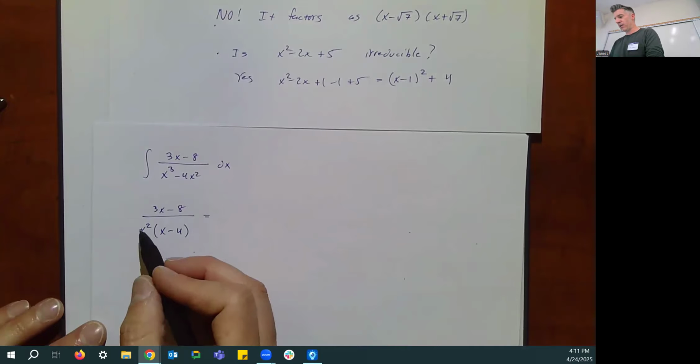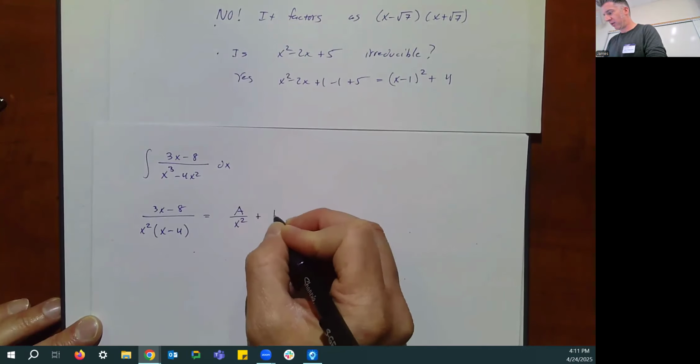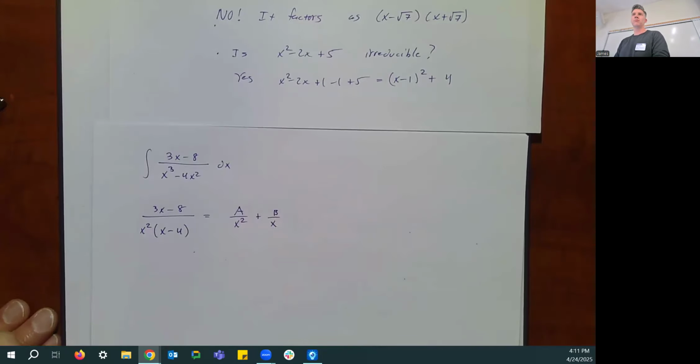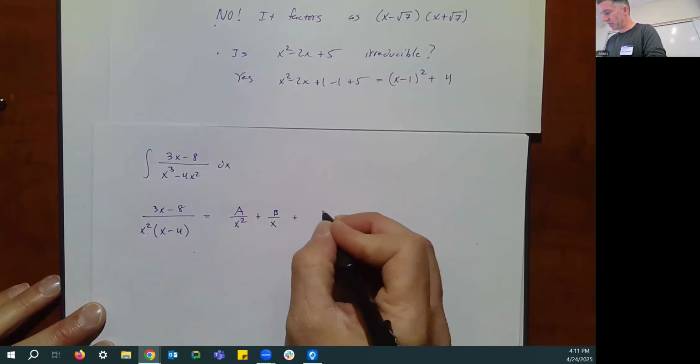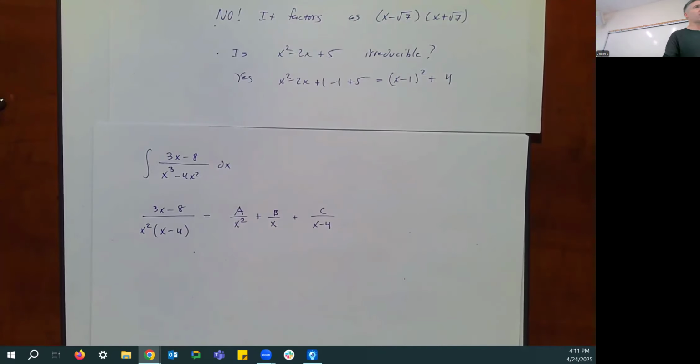So this x squared, I need an A over the highest power of it, and then I need every lesser power down to 1. And then I'm going to have a C over x minus 4. And now we're going to multiply both sides by the common denominator.